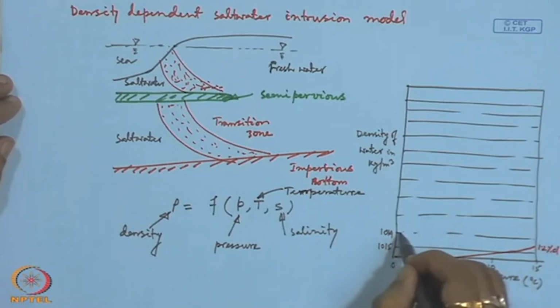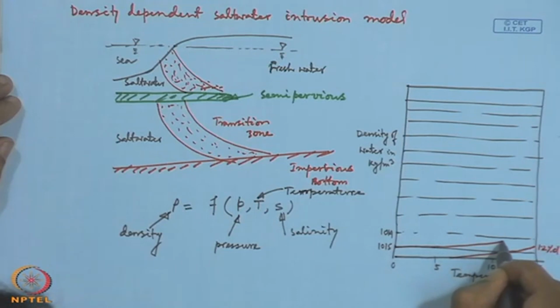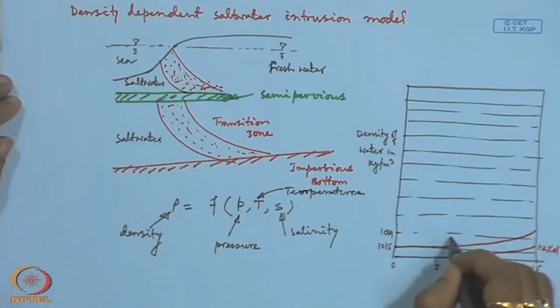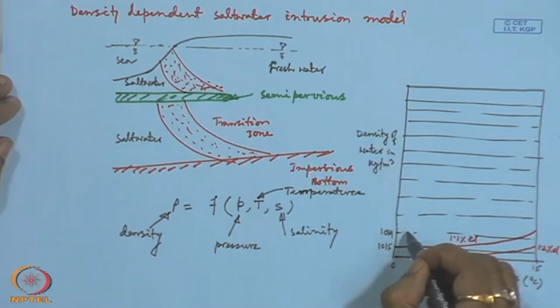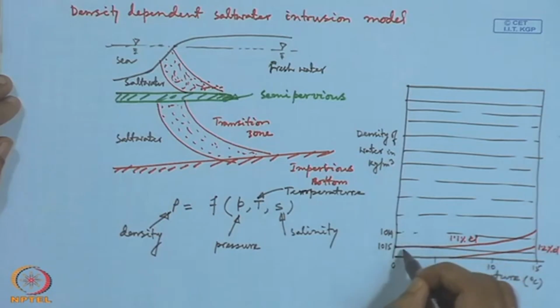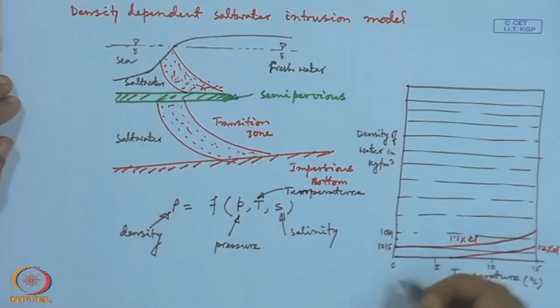Next, if we decrease this chloride percentage, 1.1% of chloride, and in between there will also be different curves.